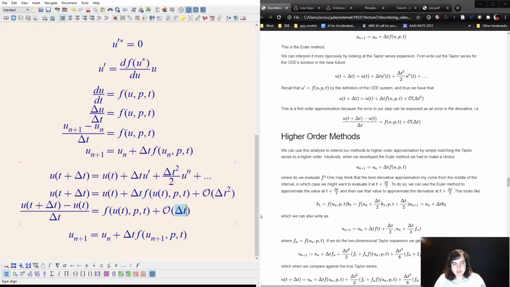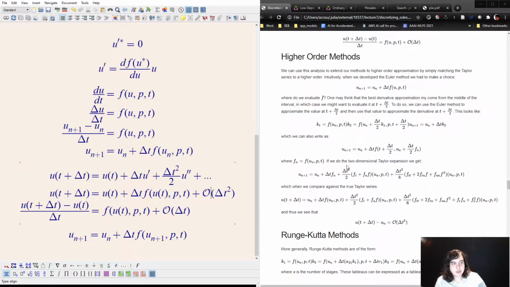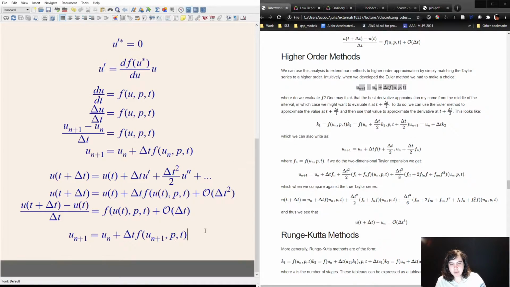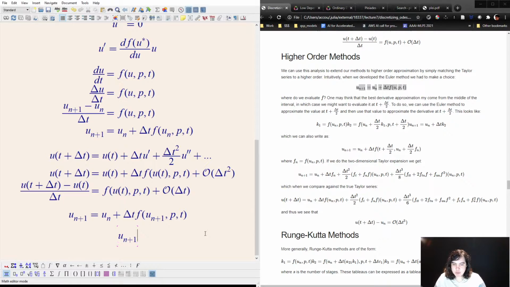So let's actually start to look at some higher order methods, right? This discretization is a little bit lengthy, so I'm not going to write it all by hand. But intuitively, the way that we are doing Euler's method is we're basically saying that u_{n+1} equals u_n plus delta t times the derivative, right? That's essentially what we're saying.